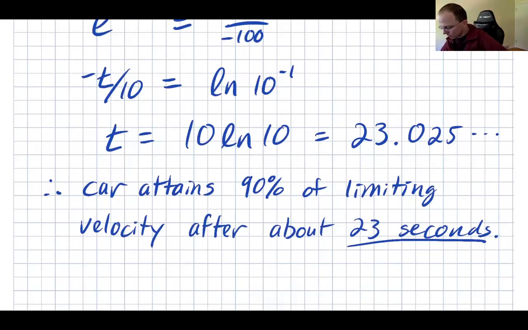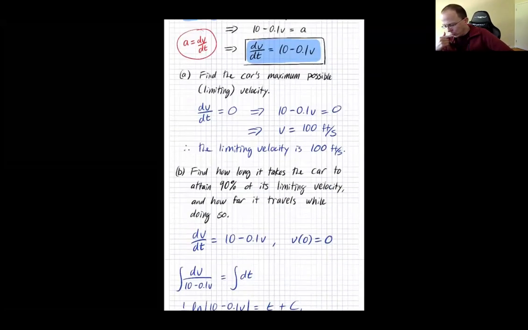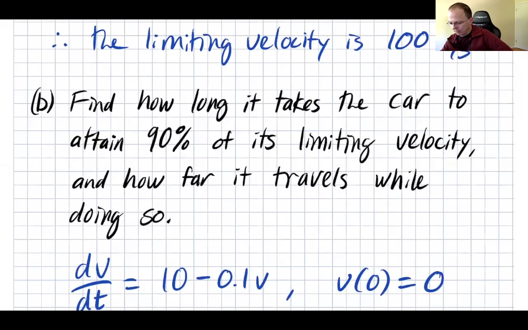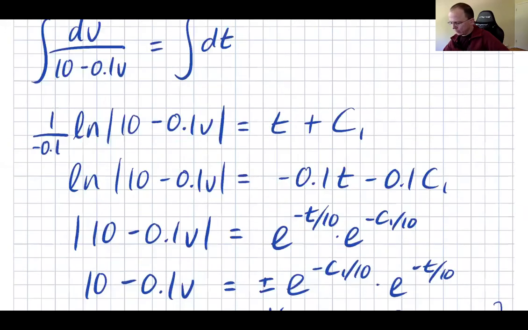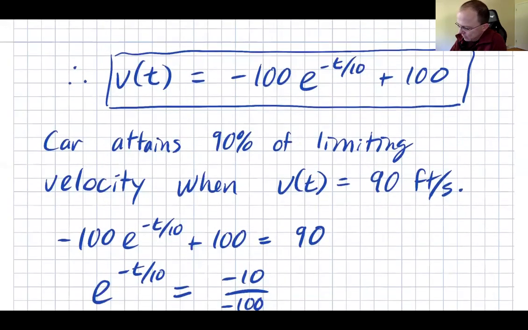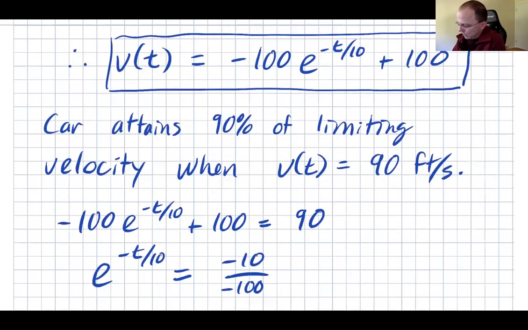Okay, so then what was the other question? The other question is, how far is it going to travel while doing so? So how far has it traveled at the moment that it attains 90% of its limiting velocity? Okay, let's figure that out. In order to do that, we're going to need to take this equation here and integrate that.